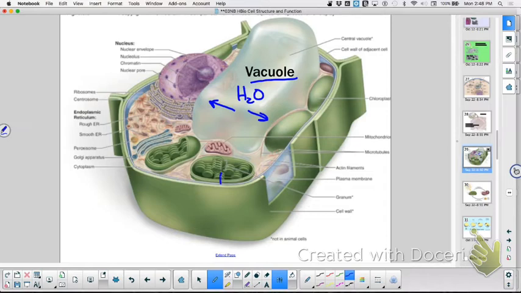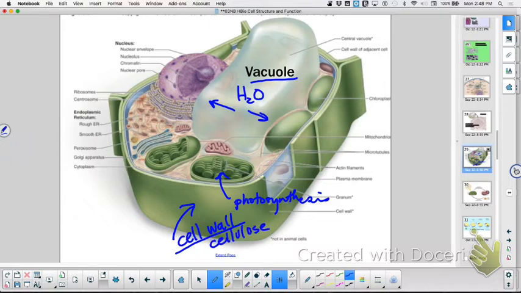What's this for right here? What is that? Yeah, chloroplasts for photosynthesis. And what's this thing right here? Cell wall. What is it made out of? Remember we learned this with the 4 important organic molecules, made out of cellulose?